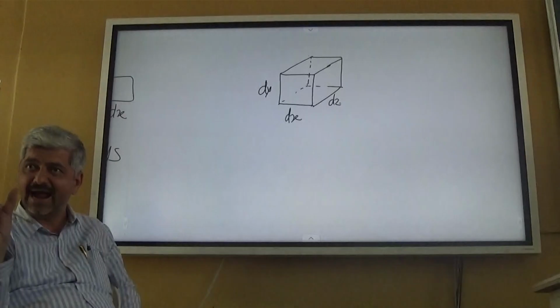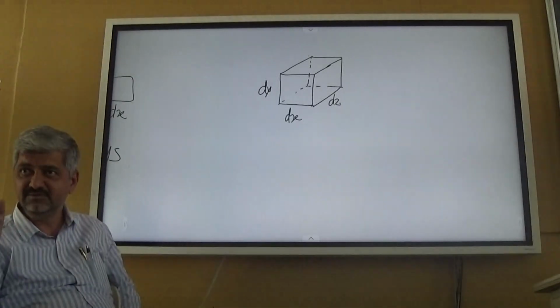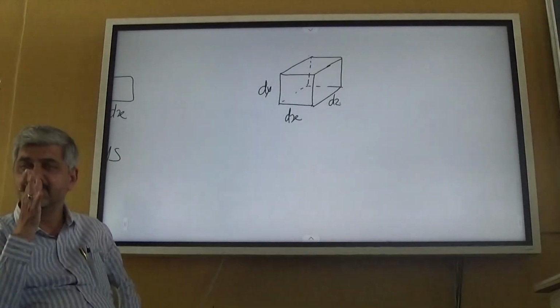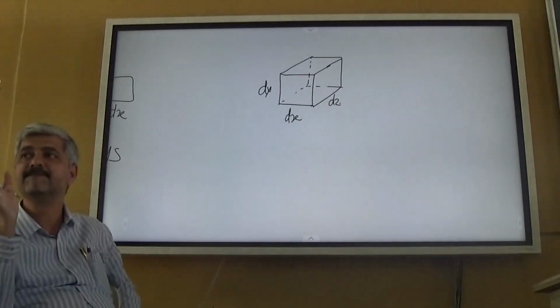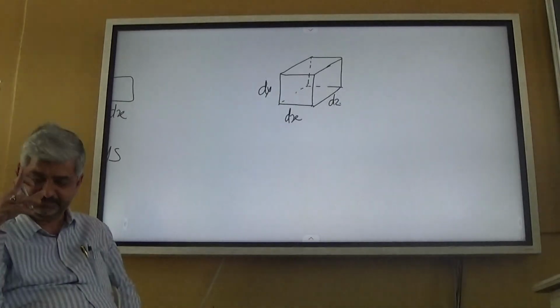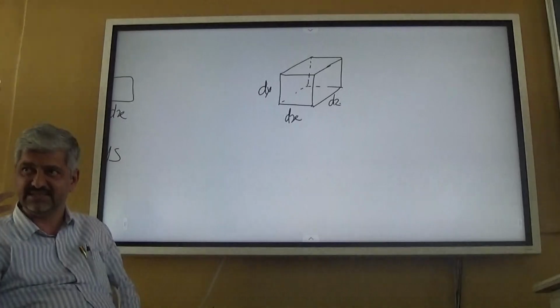Drawing a cube and writing dx is wrong. Because, anybody, do you remember? I think in the last year also, I had given this example.